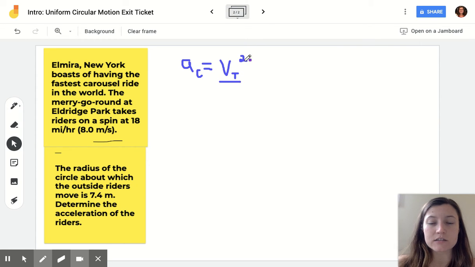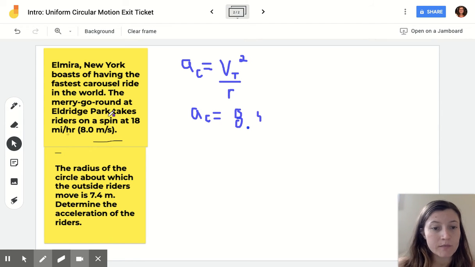So we're going to take the tangential velocity squared and divide by the radius to find our centripetal acceleration. So we're told that the object's speed is 18 miles per hour, and they convert to meters per second for us.